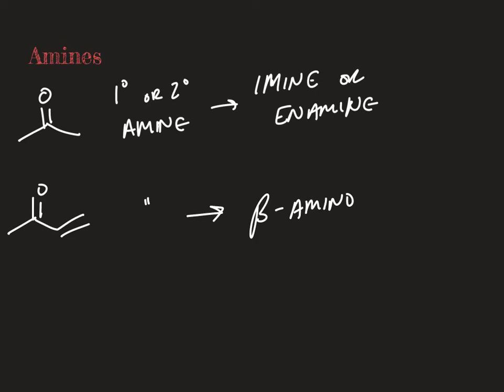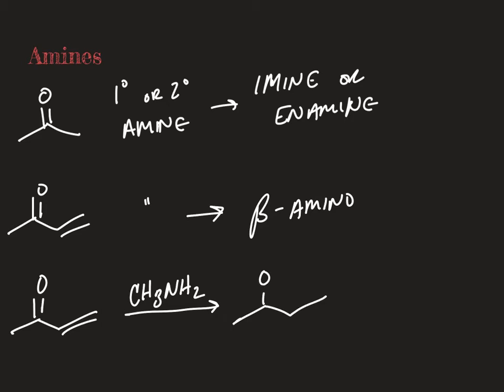So if we look at a specific example here, we'll just look at methylamine. This is a primary amine. That amine group is going to attach to the beta position.